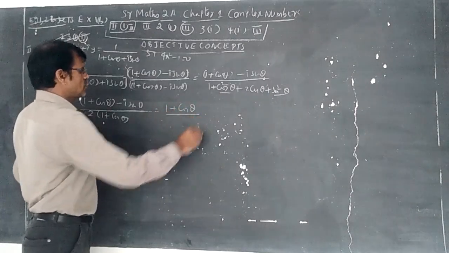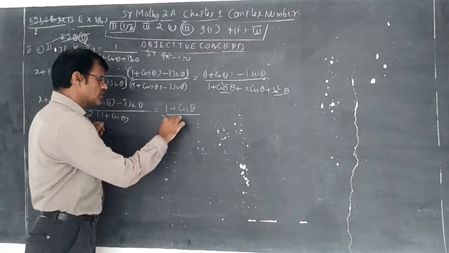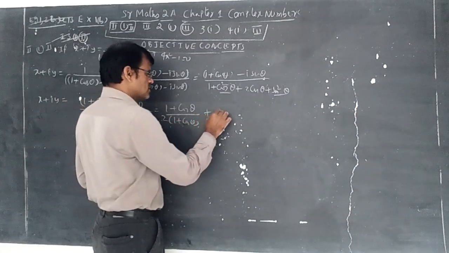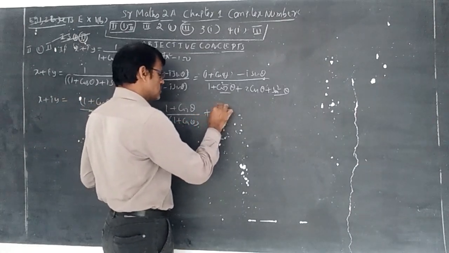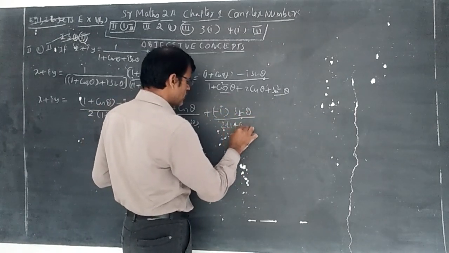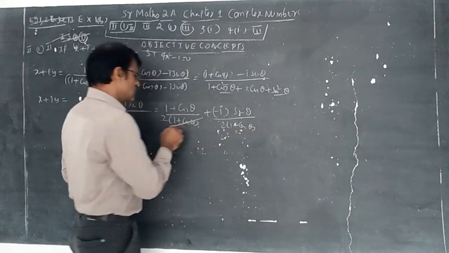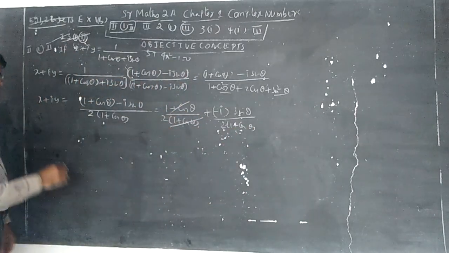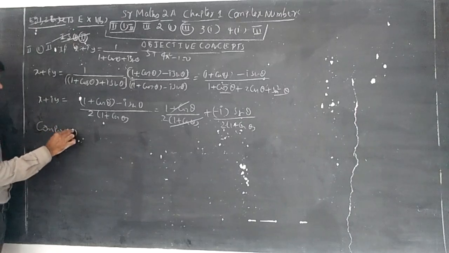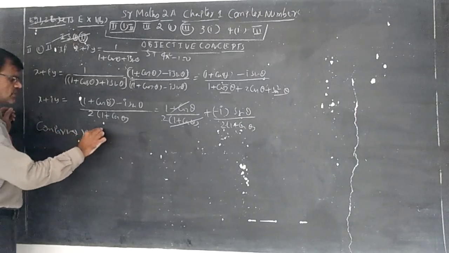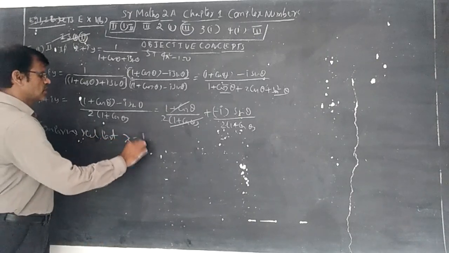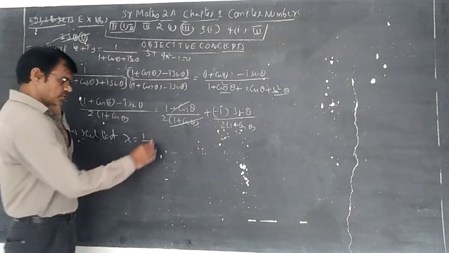So write here 1 plus cos theta by 2 into 1 plus cos theta plus of minus i into sin theta by 2 into 1 plus cos theta. Here this will get cancelled. So compare only the real part, there is no need to compare the imaginary part. Comparing only the real part, you will get the answer x is equal to 1 by 2.